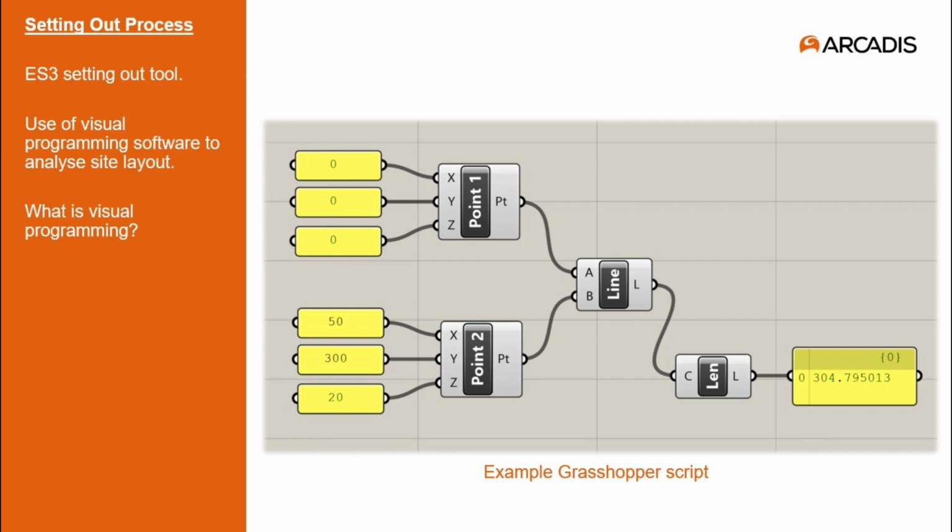Now that line is created in 3D CAD space, and I can also read the length of the line as a separate output if I ever need to use that for a different process. Now, if I need to go back and change the position of one of the points, I can simply go all the way back to the left-hand side, change one of the values in the yellow boxes, and the whole process of wires and boxes simply reruns automatically.